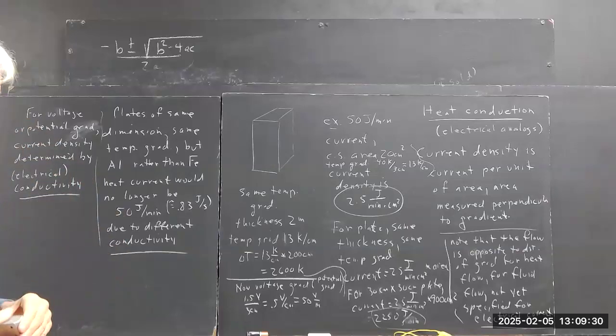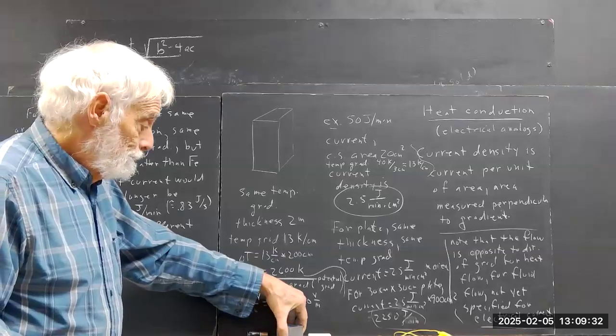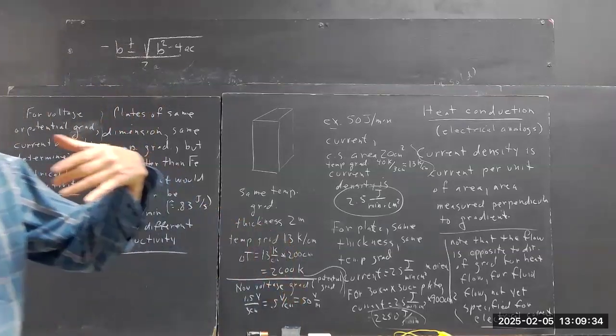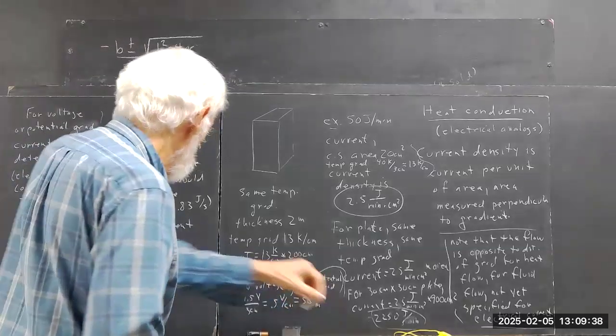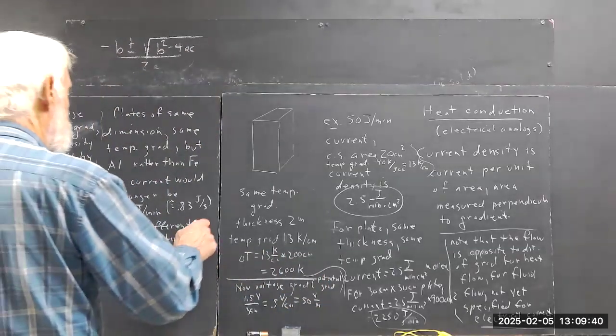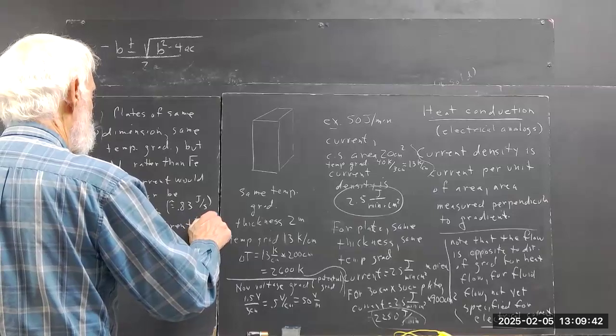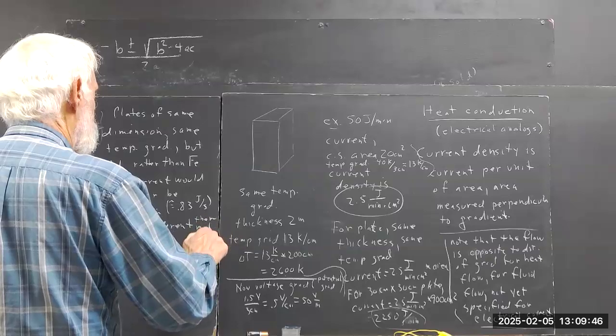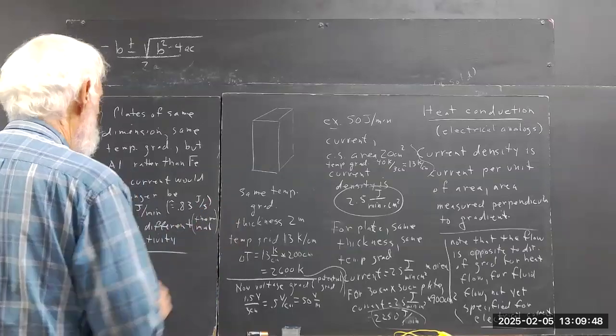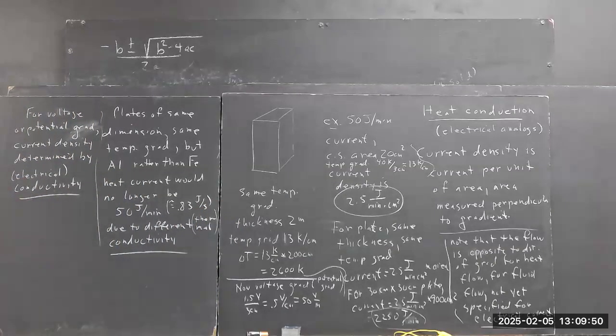So there are places where the analogy between thermal and electrical conductivity is thermal, like this is electrical. Okay. The analogy breaks down, but it holds in a lot of ways.